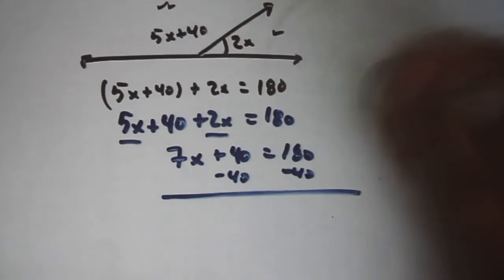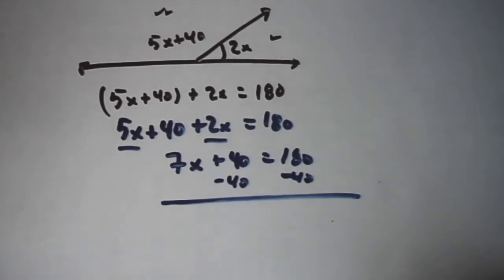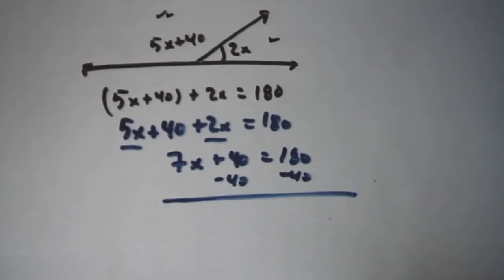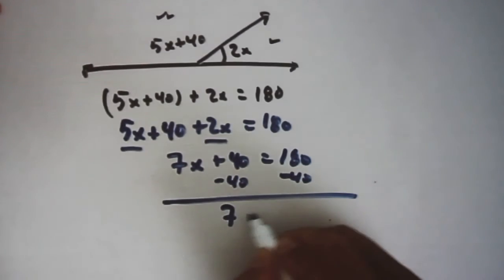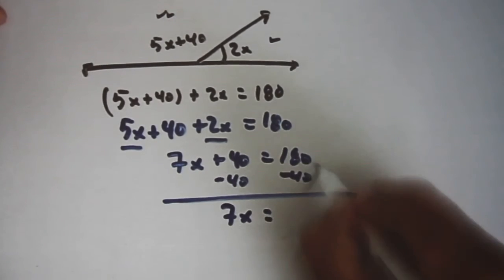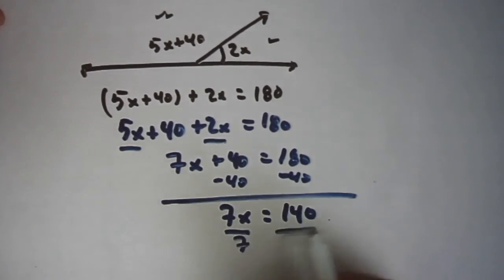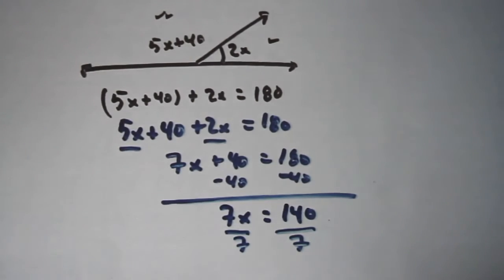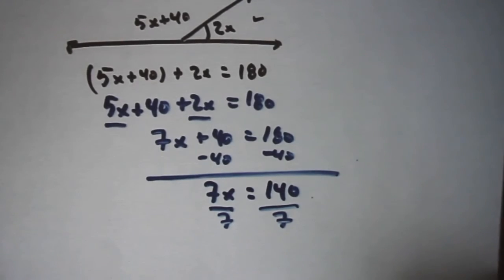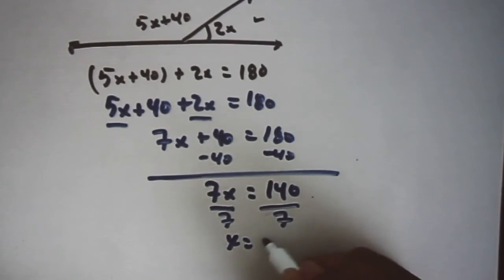Keep the equal signs on top of each other as best you can. Always work downwards in math. Then we'll get 7x on the left side because the 40 minus 40 goes to 0, equals 180 minus 40 is 140. So divide both sides by 7. And then x is equal to 140 divided by 7, which is 20.